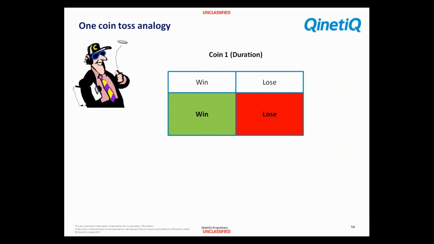I was given this analogy by a colleague of mine, Richard Cousins, and it's about tossing a coin. So we all know if we flick a coin and we call heads, and it lands on heads, then we win. If it lands on tails, then we lose. Well, that's very simple. That's very easy to understand.